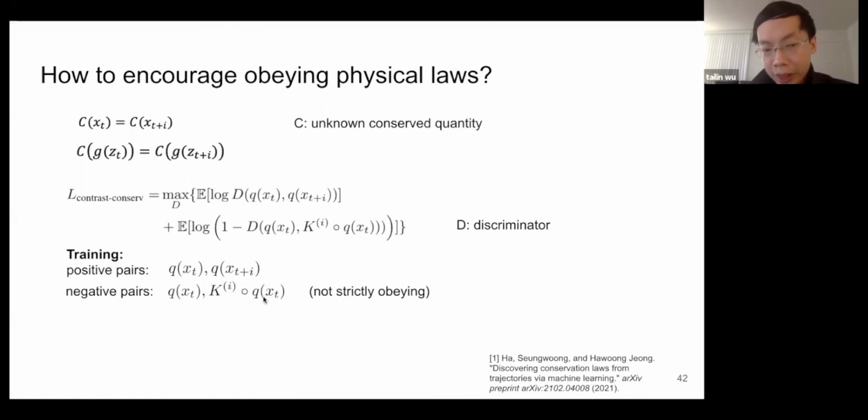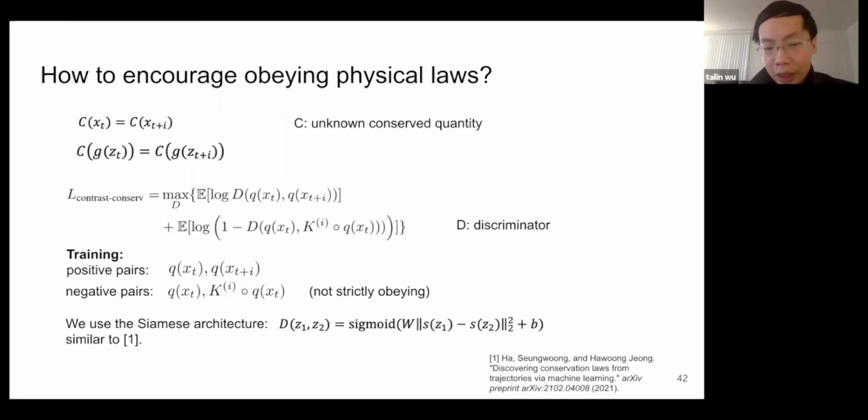And then the discriminator is encouraged to find these not conserved ones, and to learn a model that can discriminate whether some quantity is conserved, and use that to make a classification of 0 or 1.